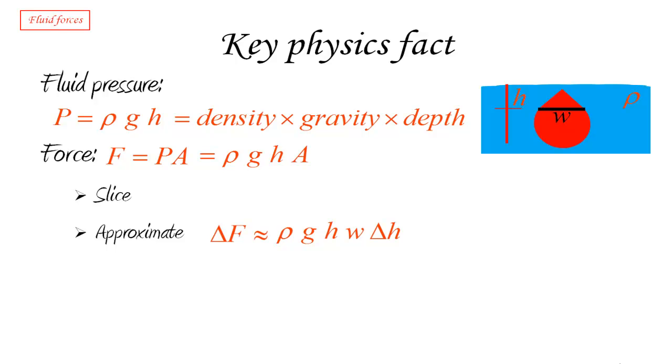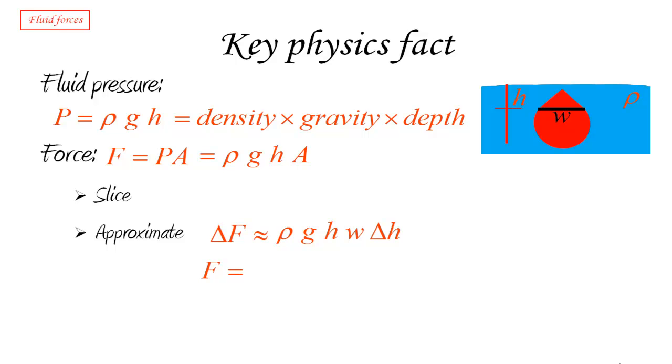All I'm doing is using the general equation for the force, rho g h, and instead of A, I'm using the area of that rectangle, which I'm using to approximate the real slice. Notice that the real slice actually has slanted sides and even curved sides. So this is an approximation. As usual, once we take the limit, that approximation will go away.